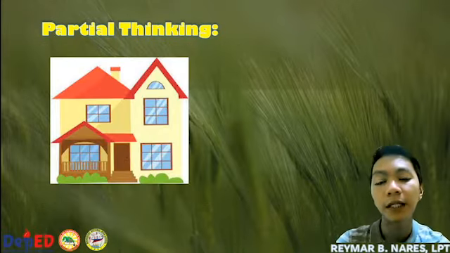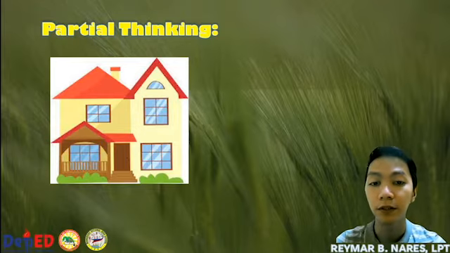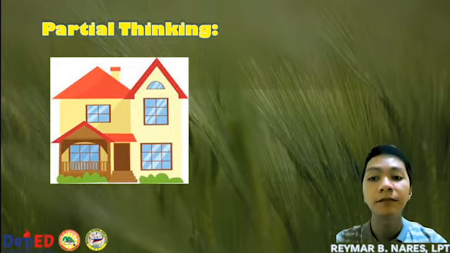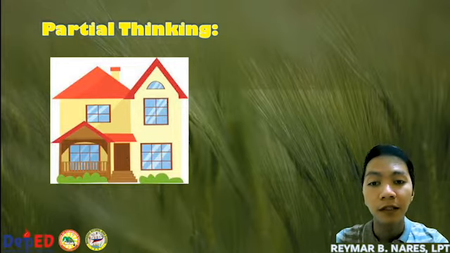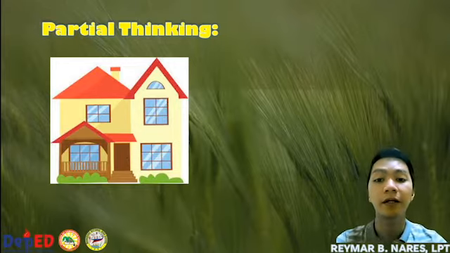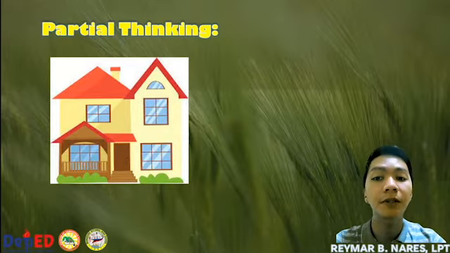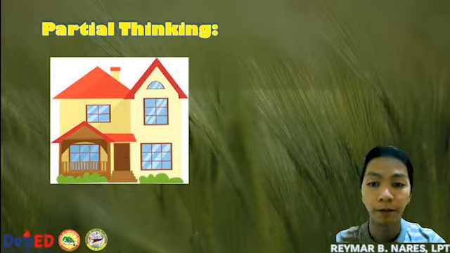Okay, so kung kanina, halimbawa, meron tayong subdivision, di ba? So, ito naman, this is a residential house. Alright? So, ito ay isang bahay. Okay, so from a subdivision or residential area, we have this house, which is part of the whole subdivision. A single component.